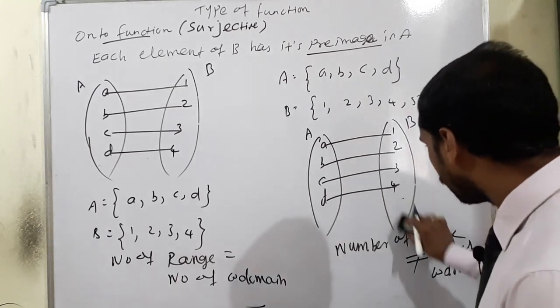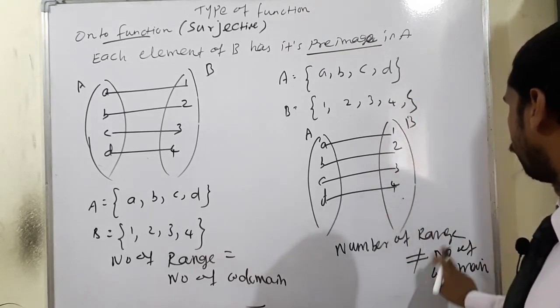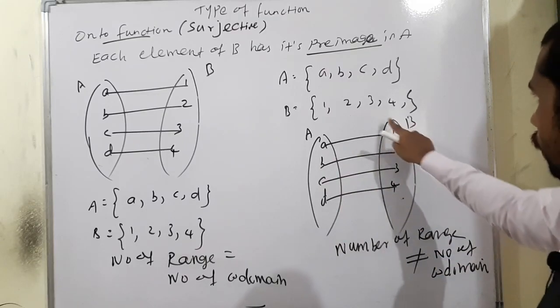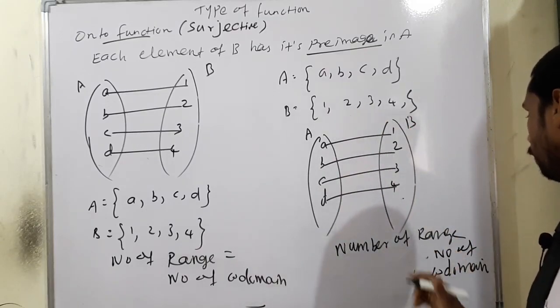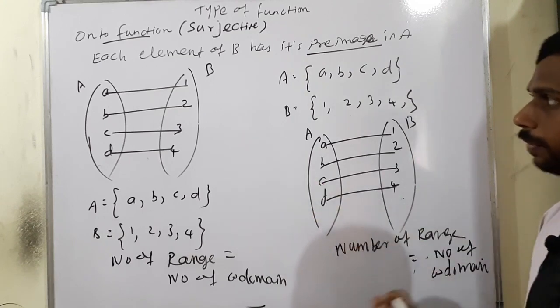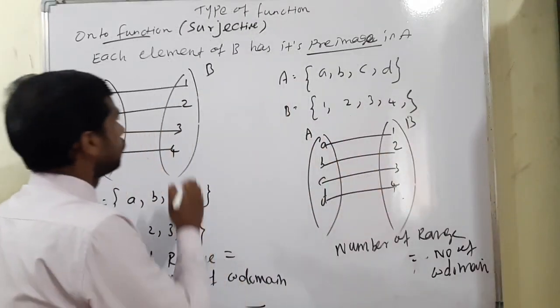Suppose 5 is not available in the elements. So the number of range has only elements 1, 2, 3, 4, which means definitely the number of range is equal to the number of codomain. Then only we can say it is an onto function. That is the difference between not onto and onto. Here is how to write the pre-image part.